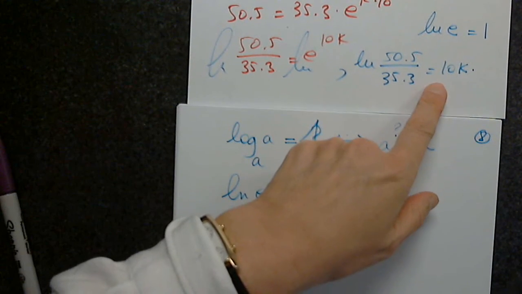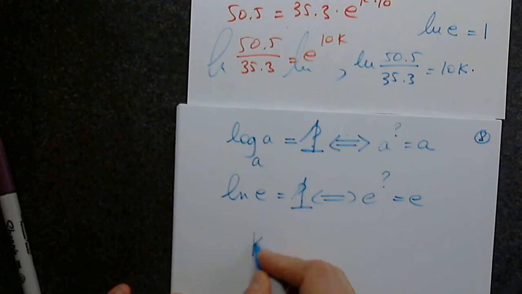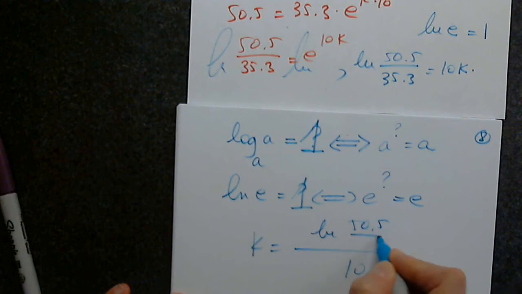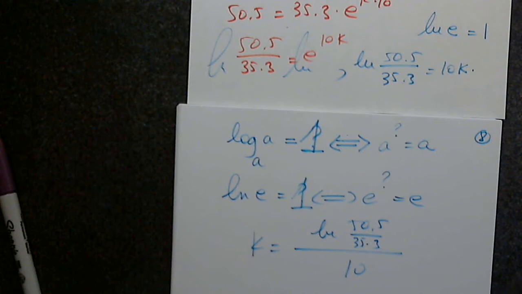Okay, perfect. So from here, I will solve for k, dividing both sides by 10. So natural log of 50.5 over 35.3. Be very careful how you put it in the graphing calculator. This is crucial, please. So natural log, in parentheses, the parentheses pop up already. 50.5 divided by 35.3.